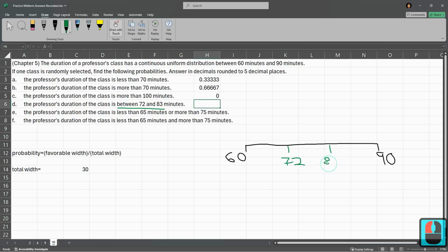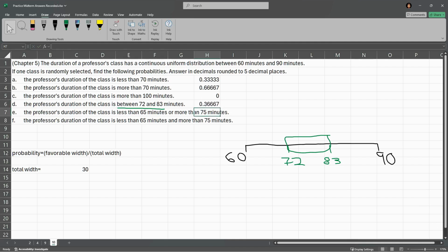So I need to know how wide is this interval right here. And again, we just do the same calculation we did before, big minus small. So you do another parentheses here. 83 is the big, 72 is the small. So that would be 11 divided by the total width of 30, right there.